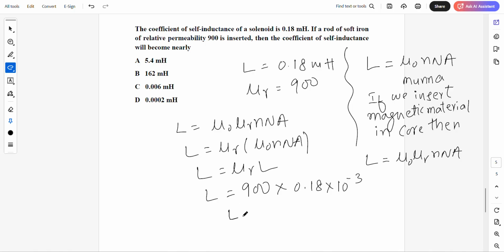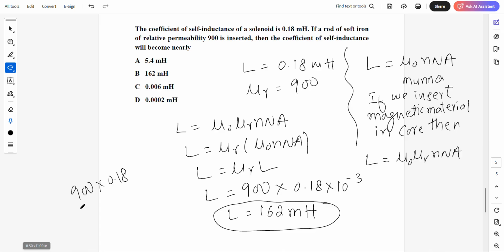That is approximately 162 millihenry. So 162 millihenry is the right answer.